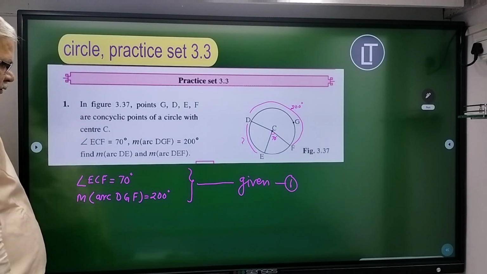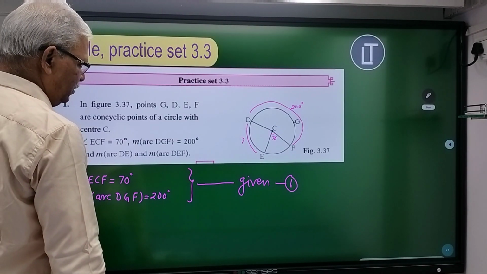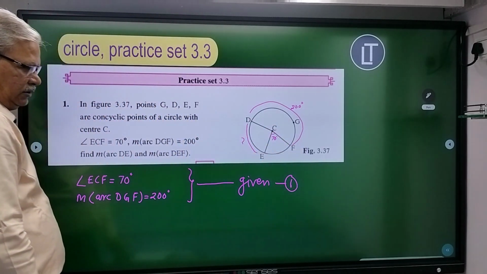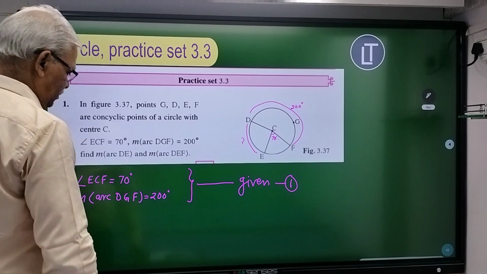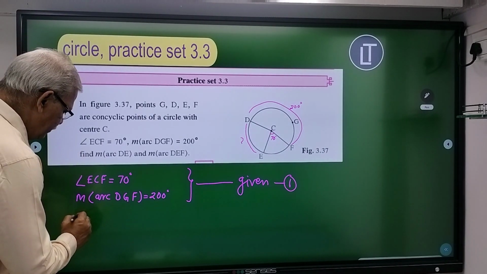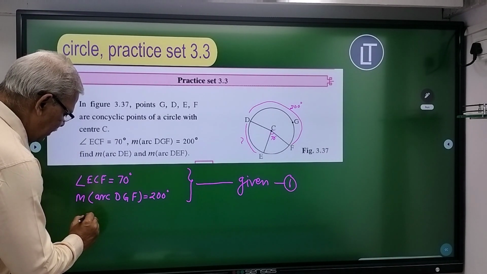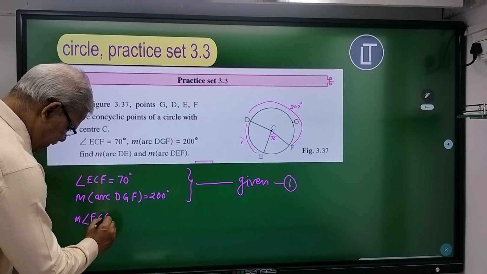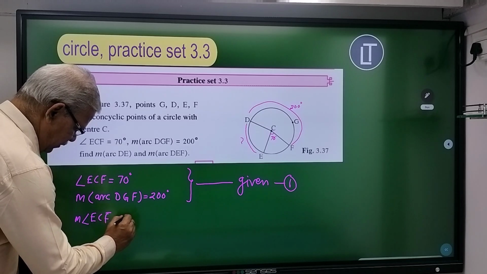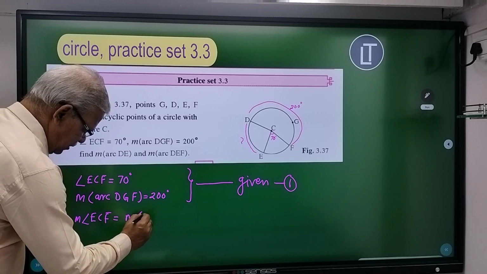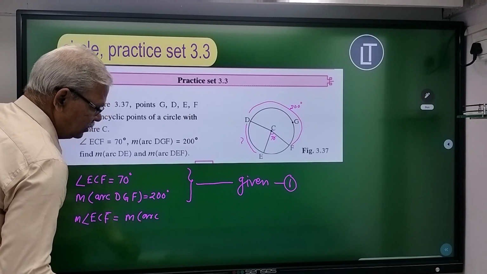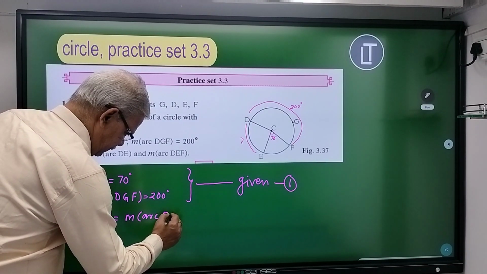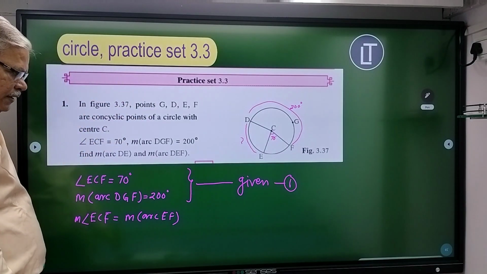Okay. Now afterward, if you will see, this angle is a central angle. Therefore, measure of angle ECF is equal to measure of arc EF. Why?